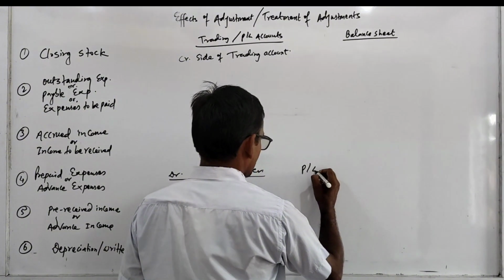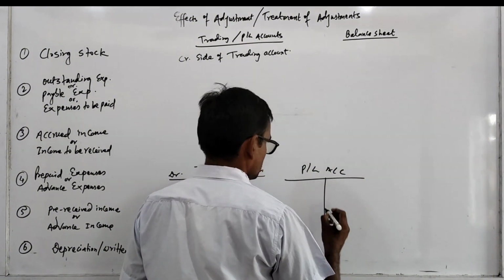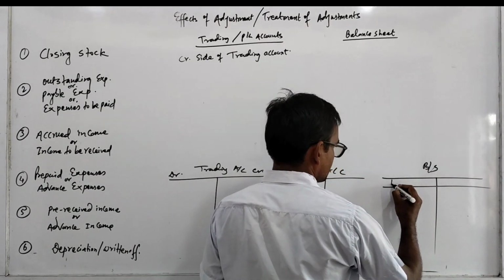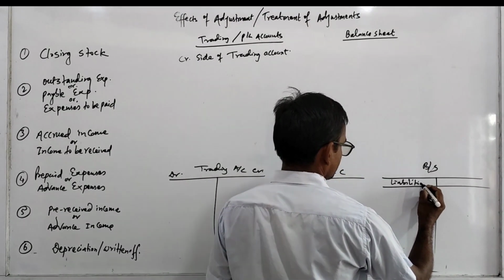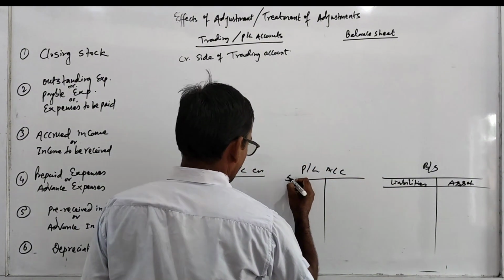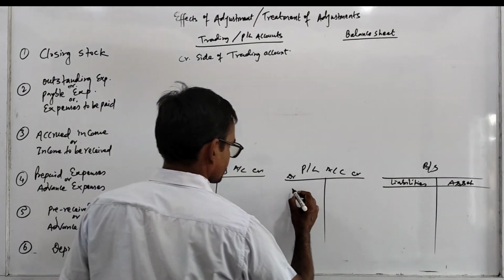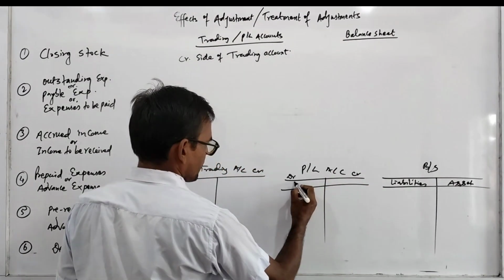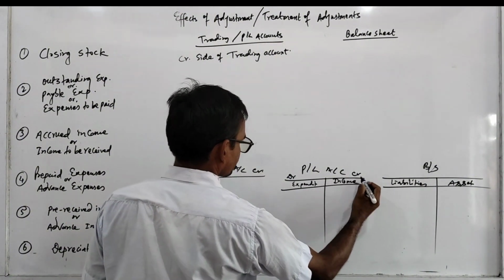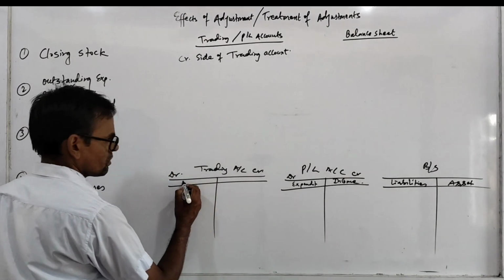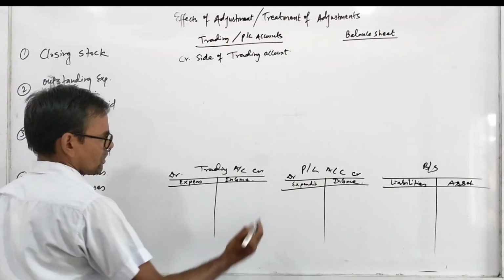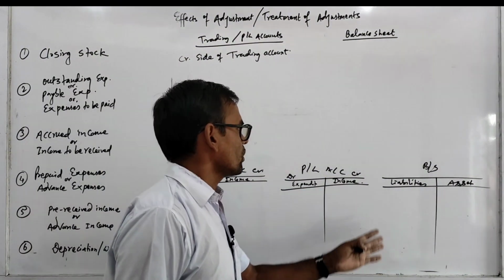Here I have made the P&L account, and here the balance sheet, with the liability side and the asset side. In the trading account, the expenditure side and income side; similarly in the P&L account, expenses side and income side.